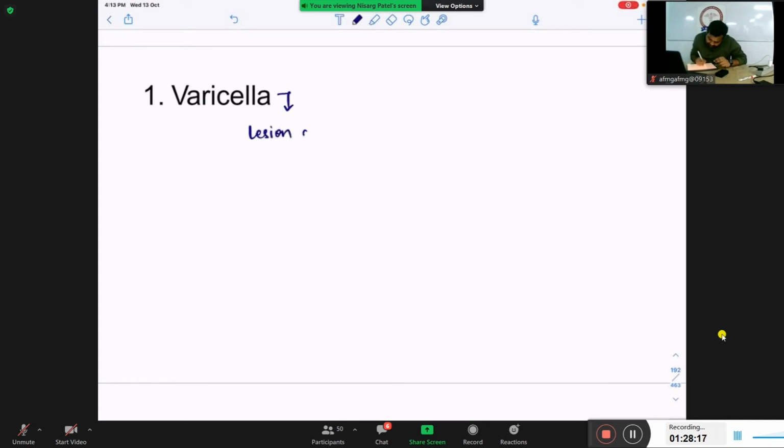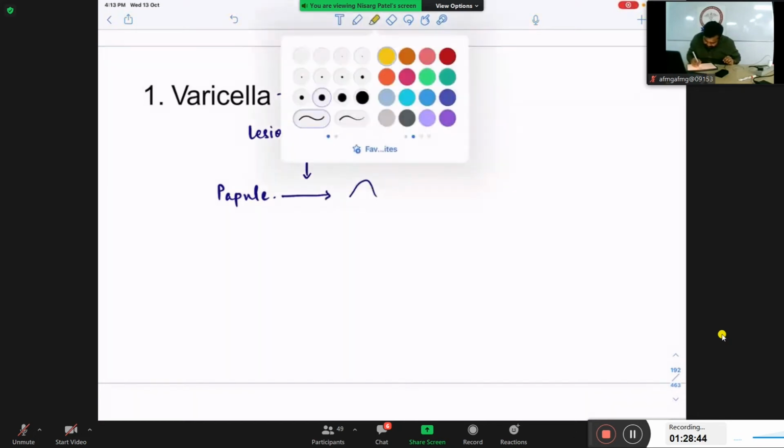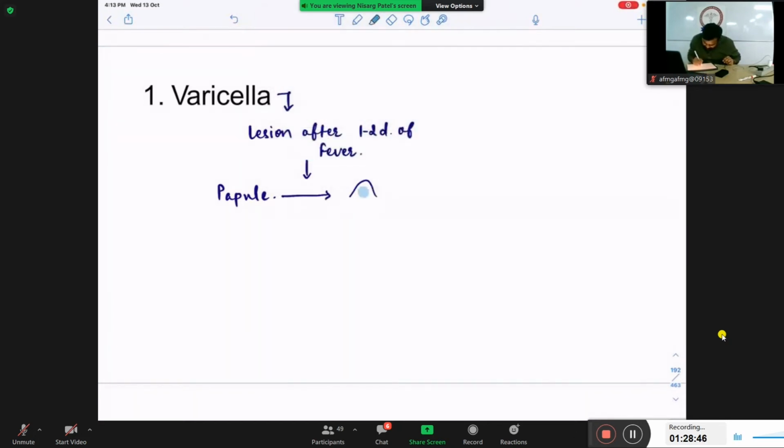You will see lesions after 1 to 2 days of the fever. After 1 to 2 days of fever, the patient will develop a papule. Inside this papule, water will start accumulating, and because of this water accumulation, it will become a vesicle.